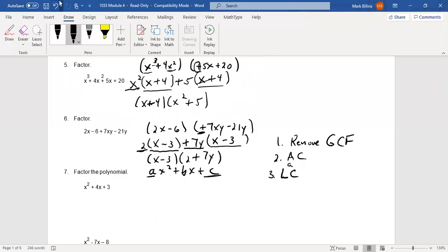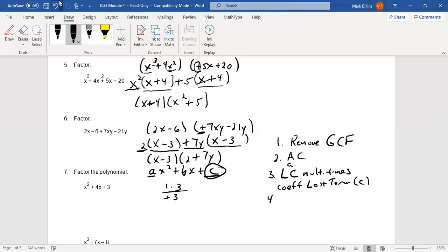So the leading coefficient, remember, is that a, the value in front of the x squared, and we're going to multiply it times the coefficient of the last term, which in this case we're calling c. Okay, so in this case, I'm multiplying 1 times 3, and I get a positive 3.